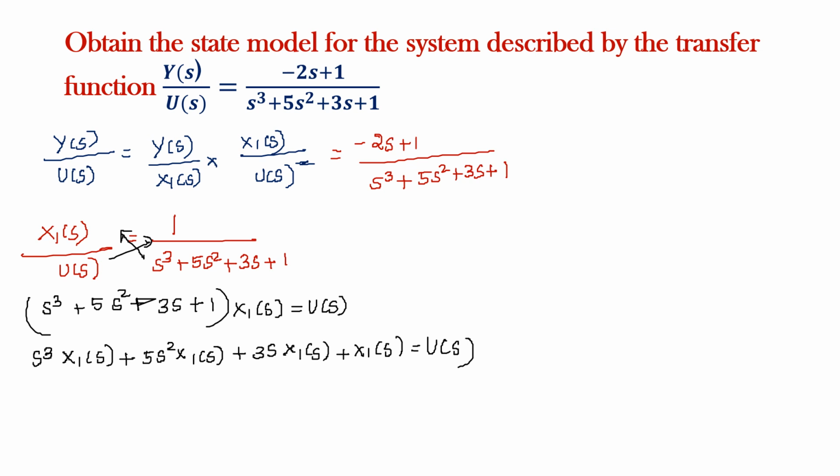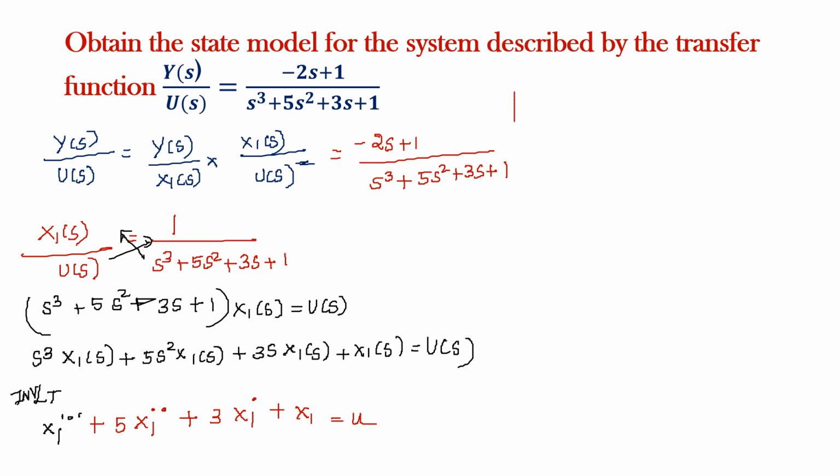On taking the Laplace inverse of the above equation, we will get x1 triple dot. What is x1 triple dot? That is d cube x1 by dt cube. Then 5 into x1 double dot plus 3 into x1 dot plus x1, that is equal to u.